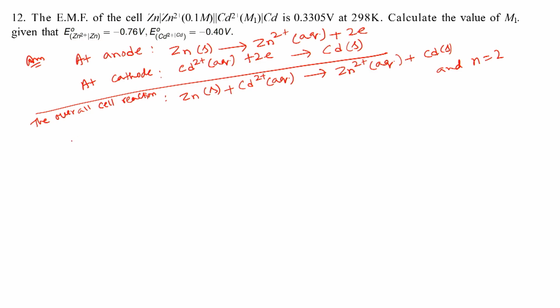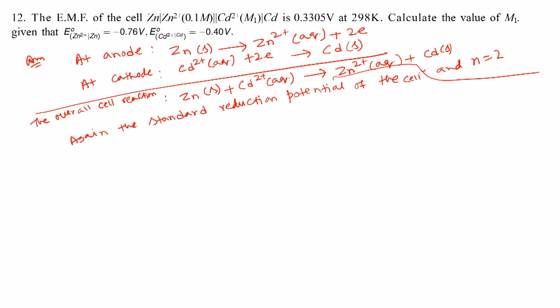The standard reduction potential of the cell, E0 cell, is E0 cathode minus E0 anode.